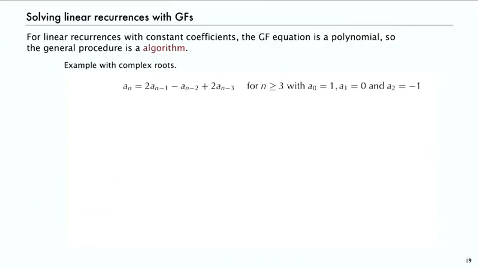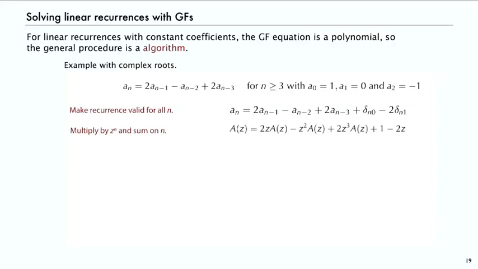Again, it's the same setup. We have a third order linear equation, constant coefficients. We've got 3 initial conditions. Do the deltas to make it valid for all n. Multiply by z to the n and sum on n, and then do algebra, and that gives again a ratio of two polynomials.